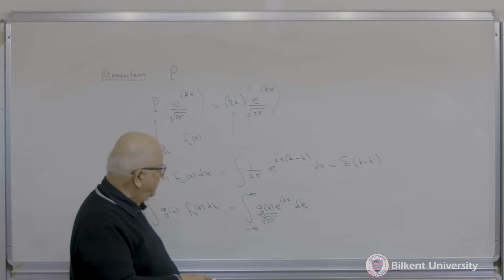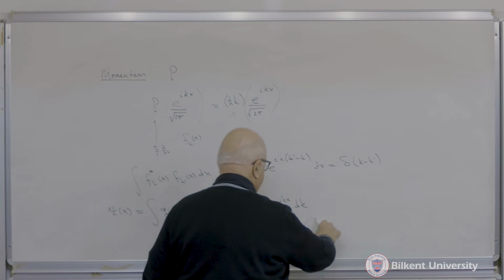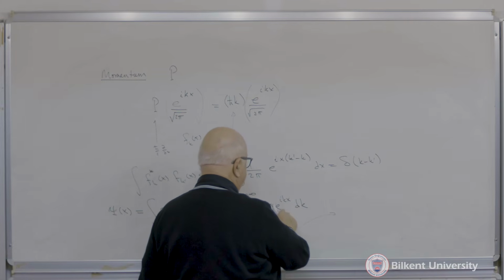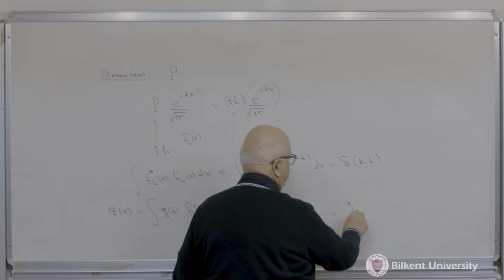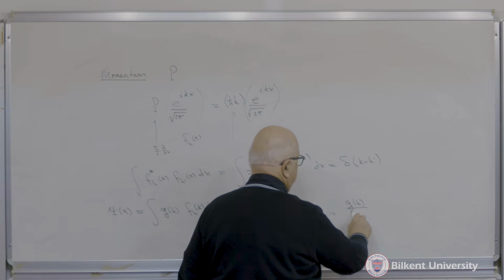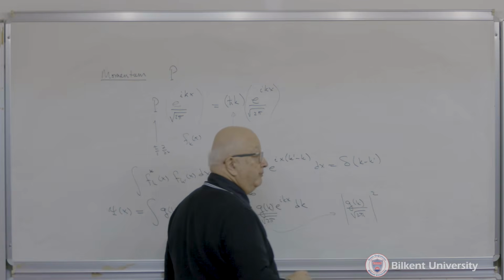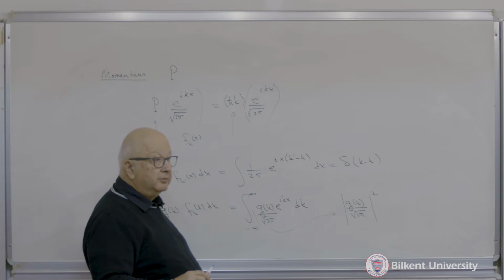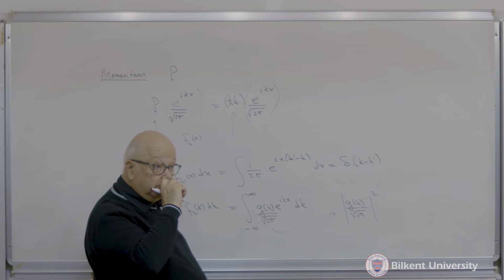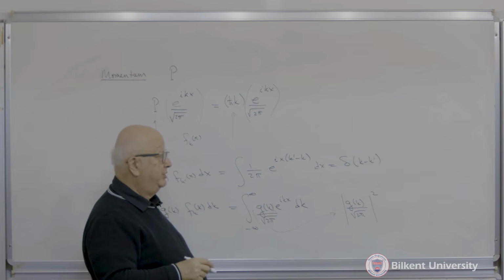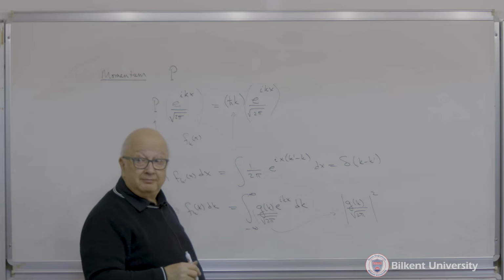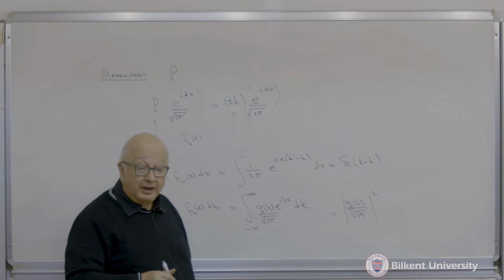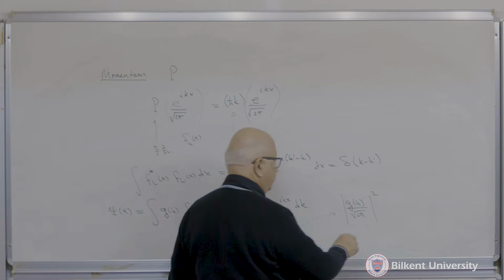But of course, what is interesting is now if I take the magnitude squared of this, g of k over root 2 pi, magnitude squared, is what? What is the physical interpretation? Yes, it's the probability density.